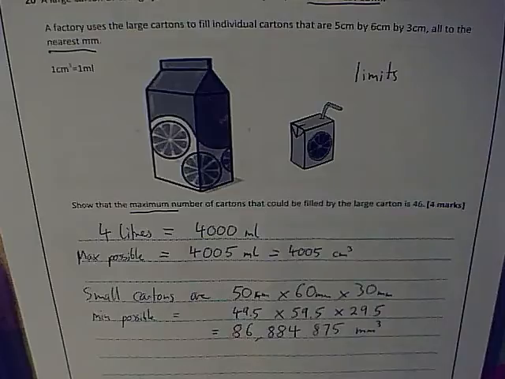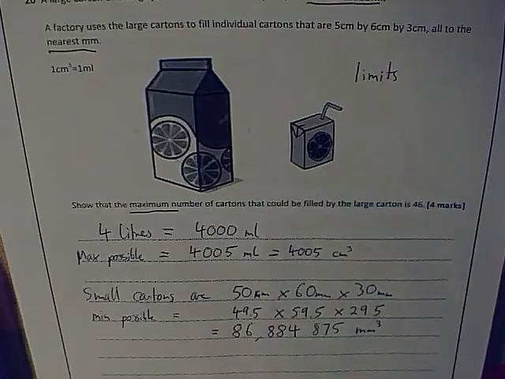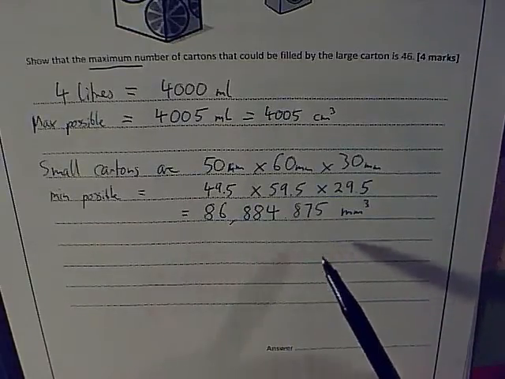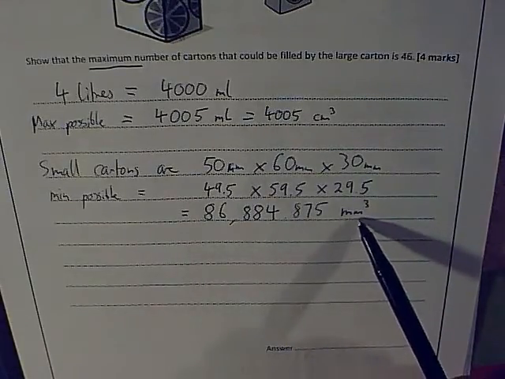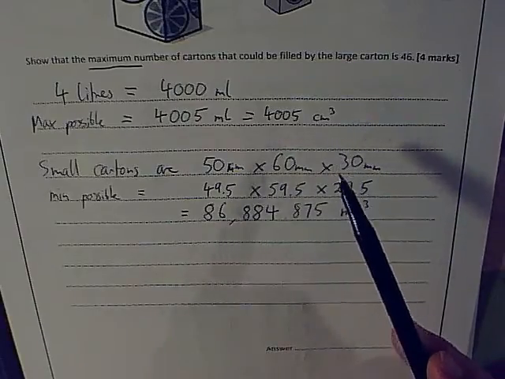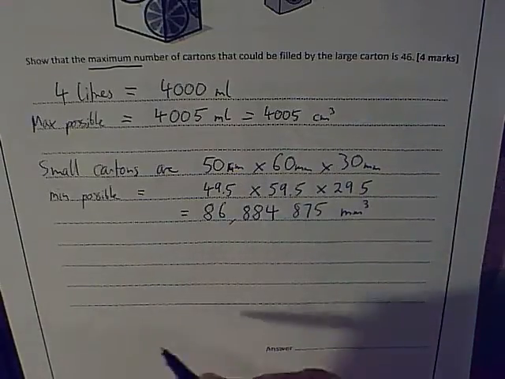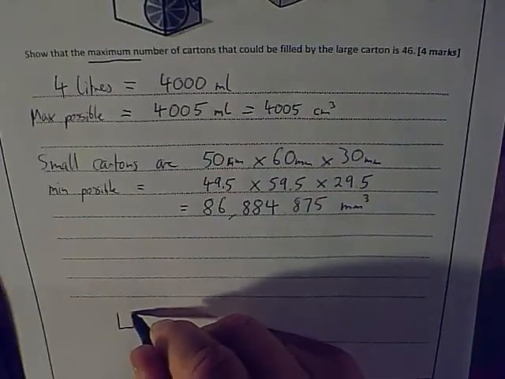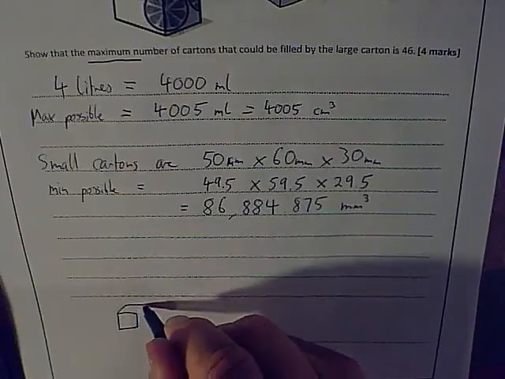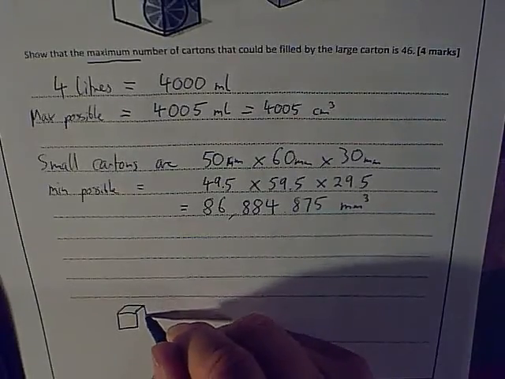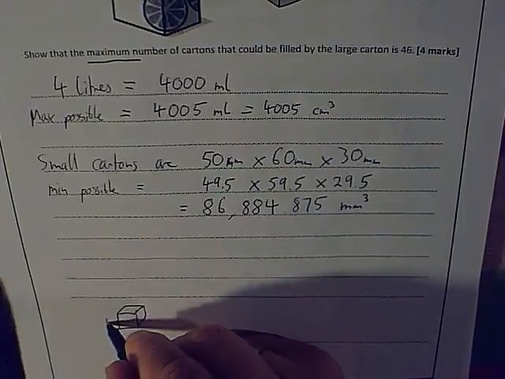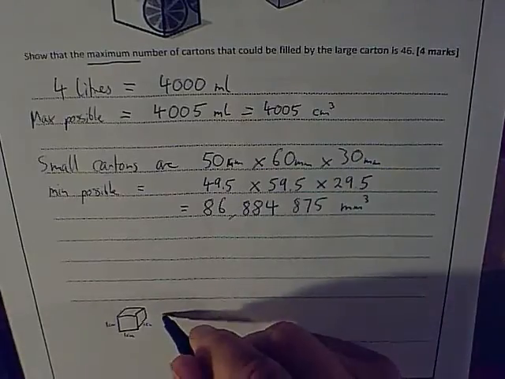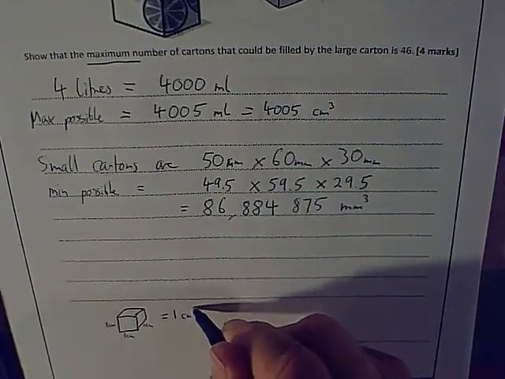Just to be really careful with that, when you're converting between volumes, you kind of want to divide this by 10, don't you? Because this is millimetres, and you're going to turn it into centimetres. But that's not enough, and I will explain why with a little diagram. Here's my 1 centimetre cube. This is 1 centimetre by 1 centimetre by 1 centimetre, which is 1 centimetre cubed.